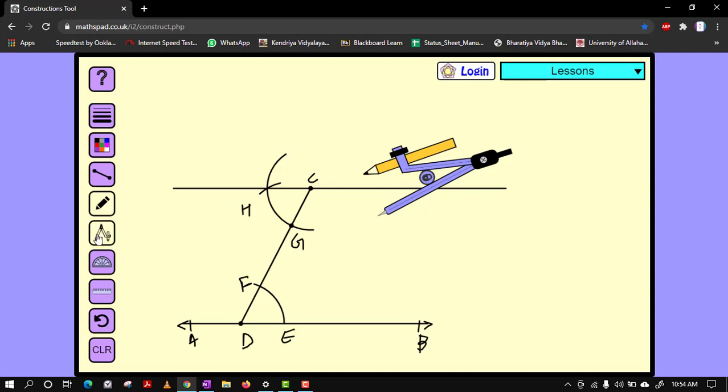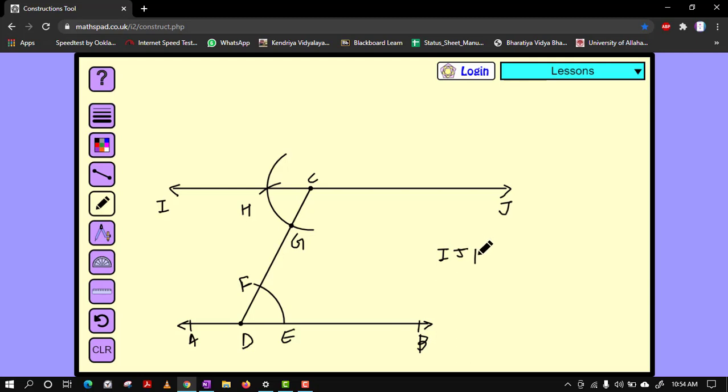Let me remove this scale and the compass and let me call it line. This is H, let me call it I and J. You will say IJ is parallel to AB because angle HCG is equal to angle FDE.